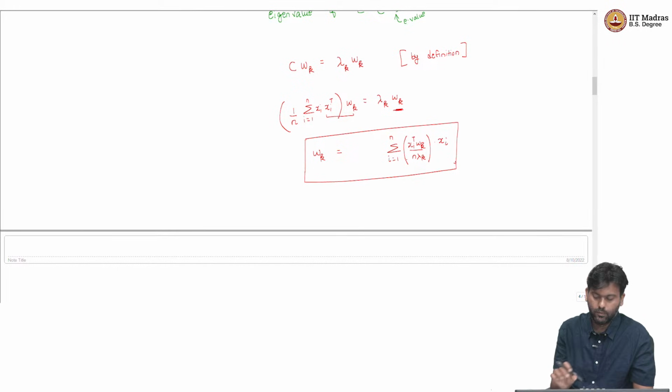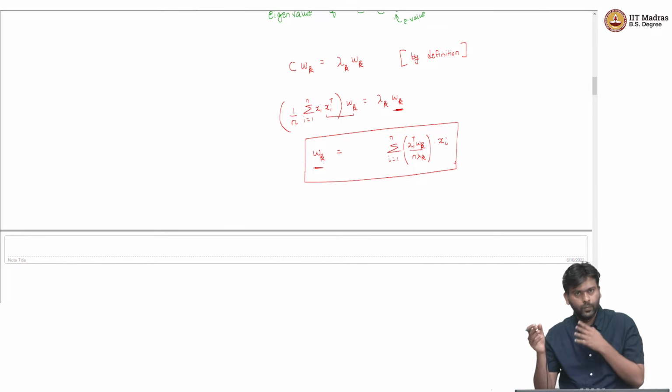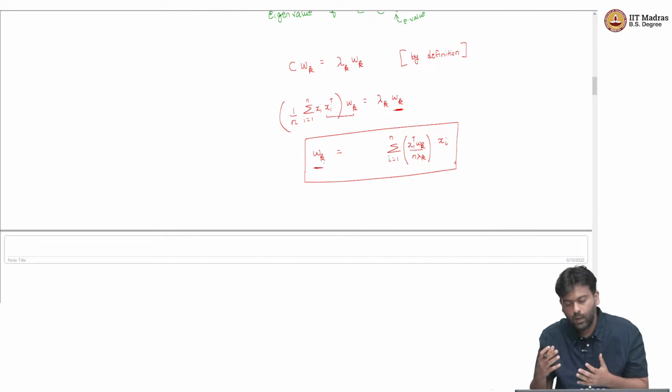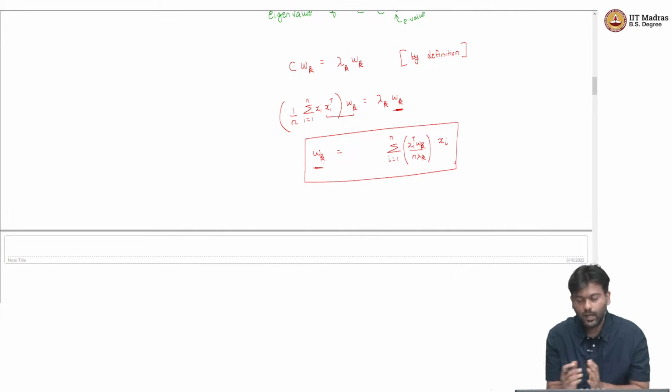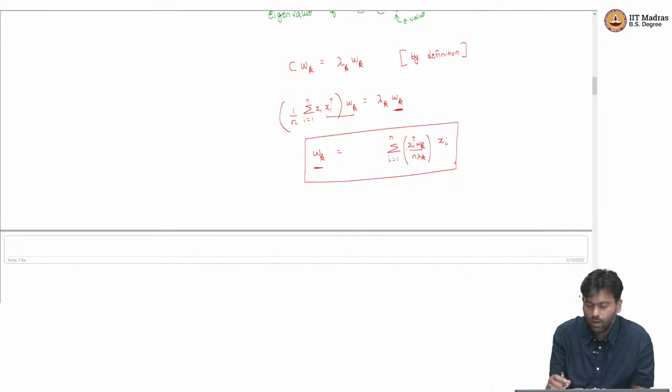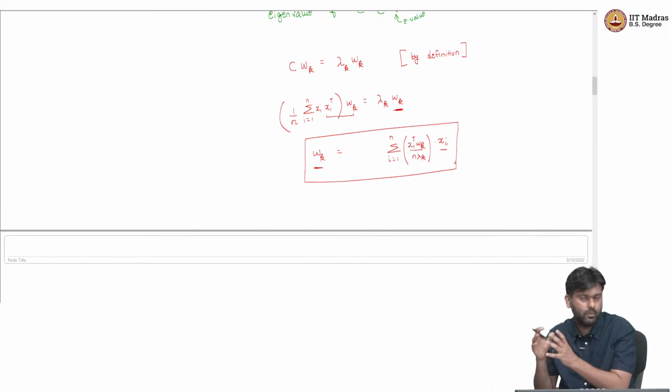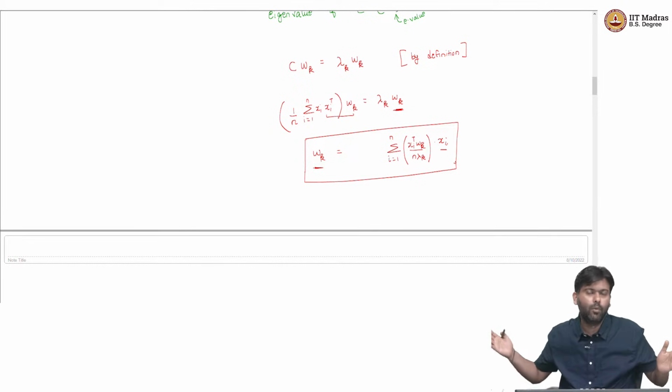It's a constant. With respect to i, it does not depend on i. You can pull it inside. Now, what is this saying? This is telling me that if I want the kth eigen direction, the eigen direction corresponding to the kth largest eigenvalue, I can express that as a summation of some constant times xi, which means I take the xi data point, multiply it with some number, and then add up all these scaled versions of xi.